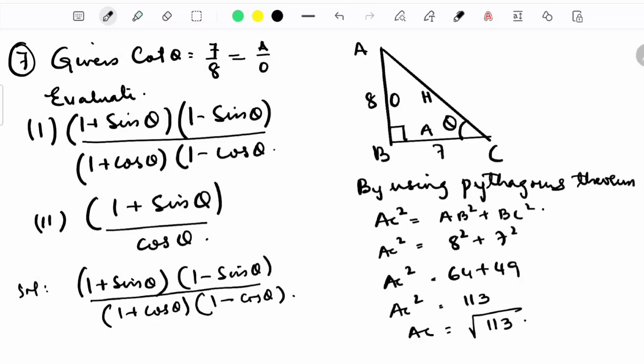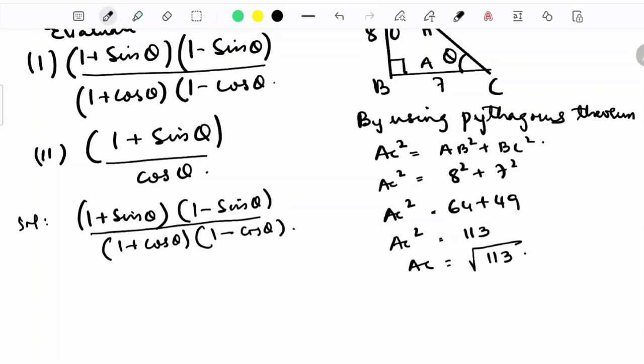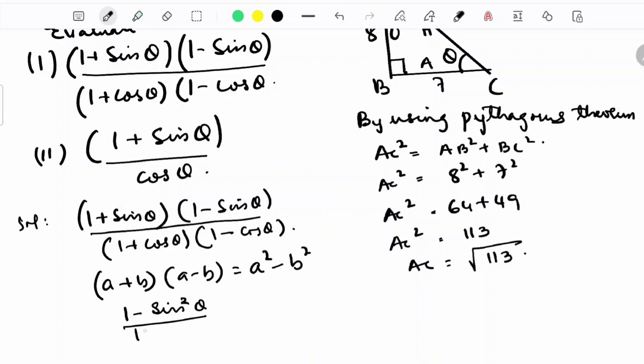Okay, now this is in the form of a plus b into a minus b, and the algebraic law for this is a square minus b square. So 1 plus sin theta into 1 minus sin theta will be 1 minus sin square theta divided by 1 minus cos square theta.